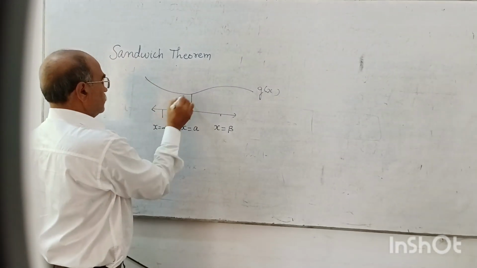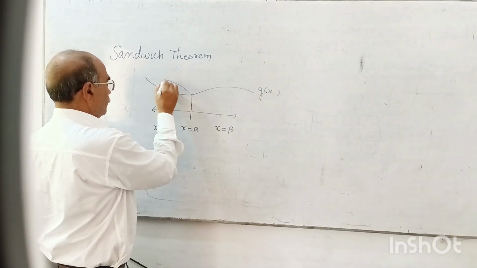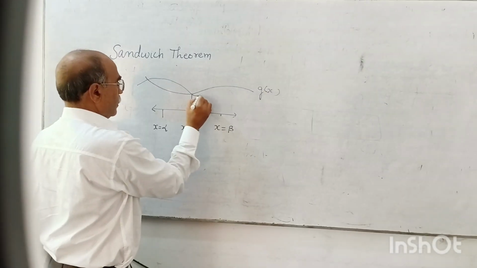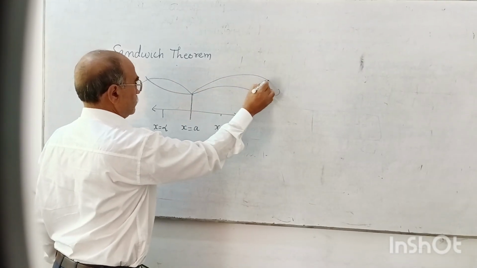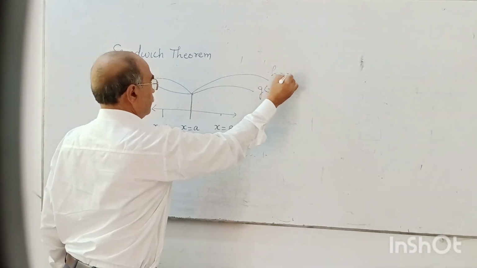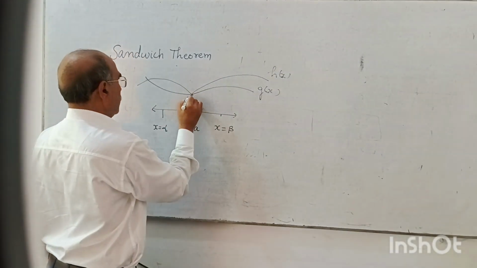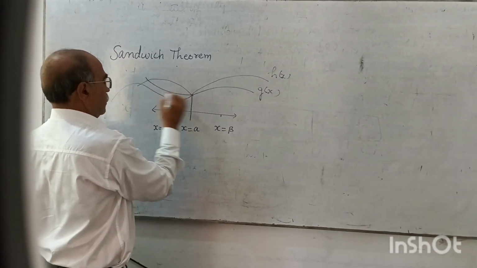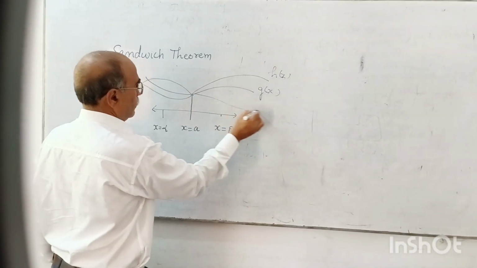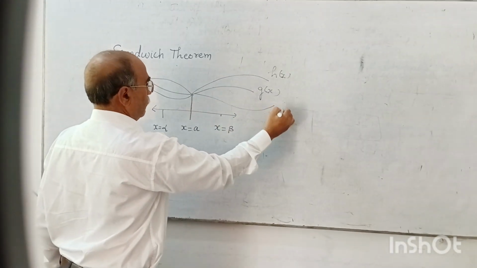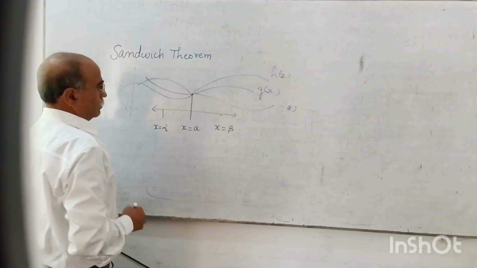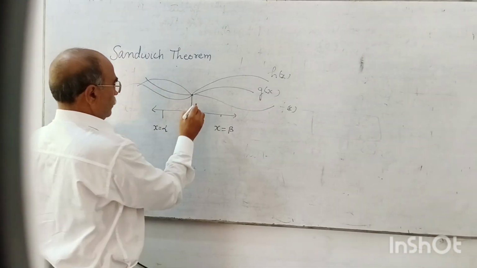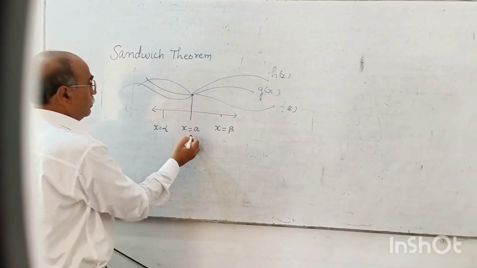Another function we have like this, this is h(x). And the third function we have like this, this is f(x). Now all these three functions squeeze at x equal to a.